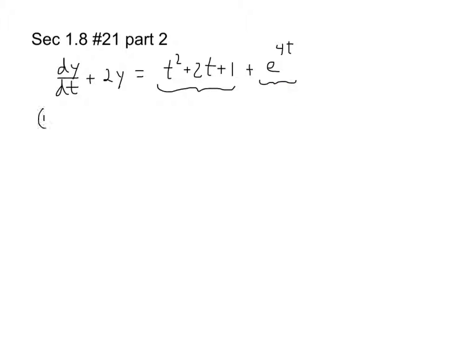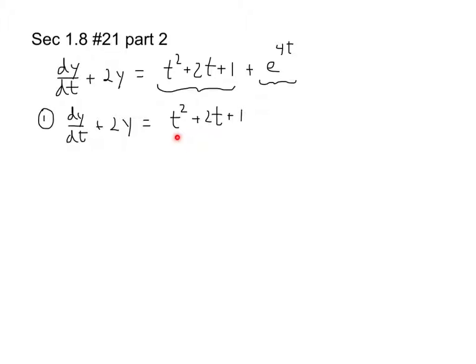The first problem we solve is to find a particular function that can solve this non-homogeneous problem, where the right-hand side is a polynomial. I'm looking for a function y whose derivative plus 2 times itself is a polynomial.